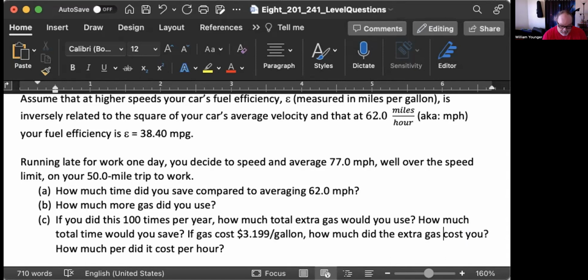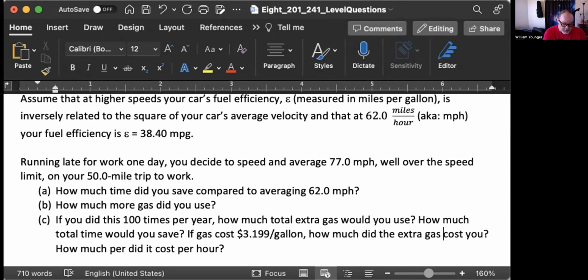And then they say if the, I'll call it expense, I'll say a lowercase e of gas is equal to $3.199 per gallon, then delta E per year equals question mark.